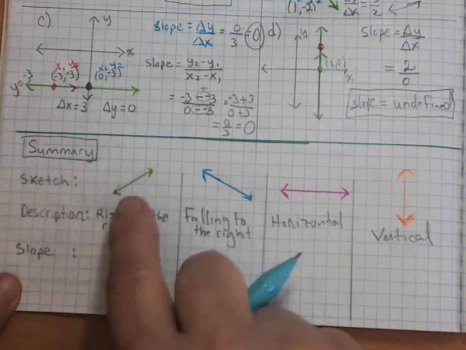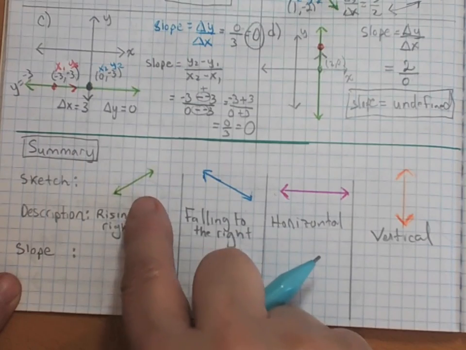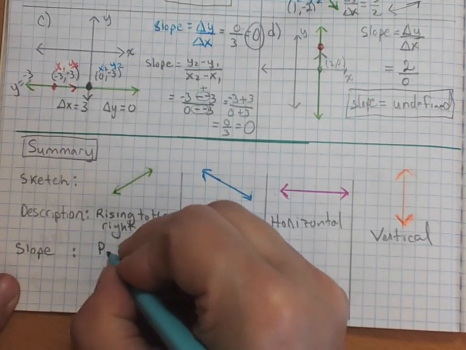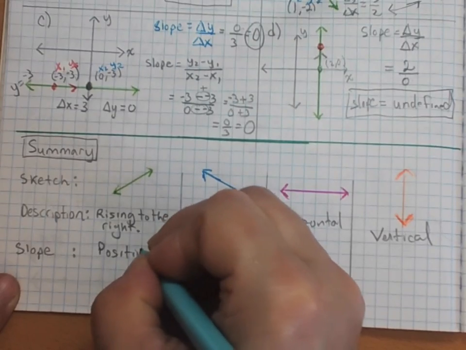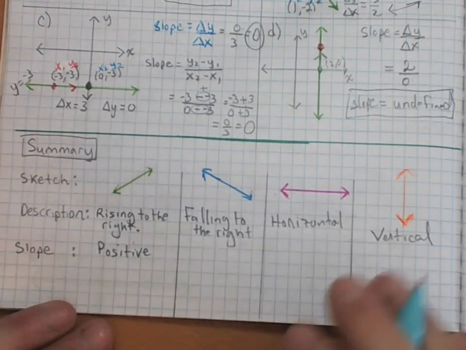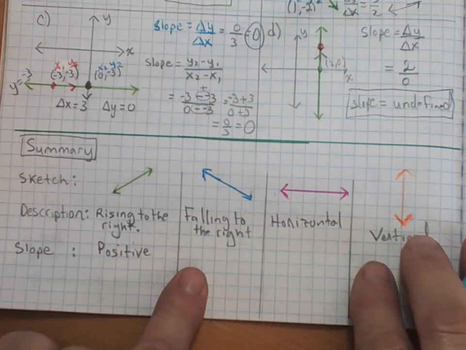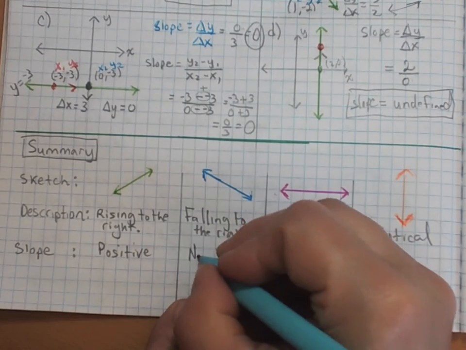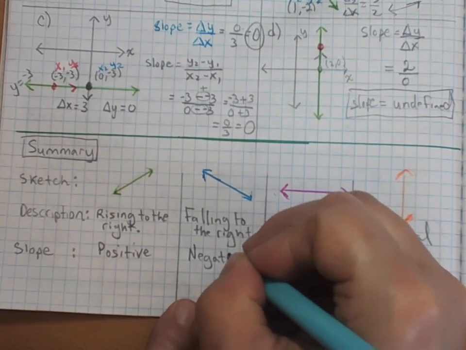For this one, I don't know the slope number. The slope number will actually change, but what I can say about rising to the right lines is that they will always have a positive slope number. A line that is falling to the right will always have a negative value for its slope.